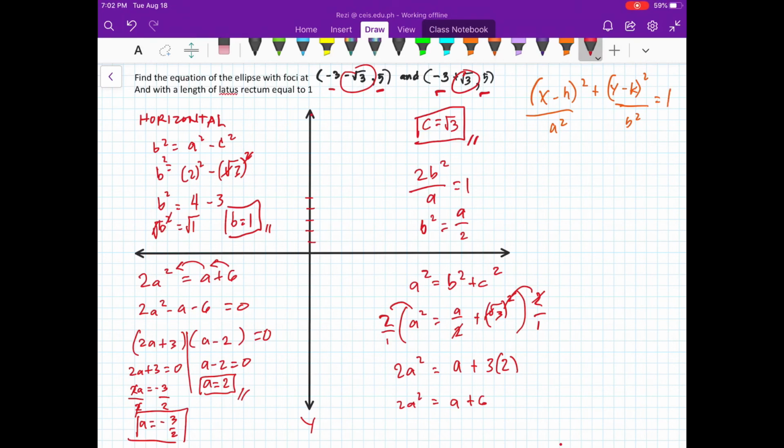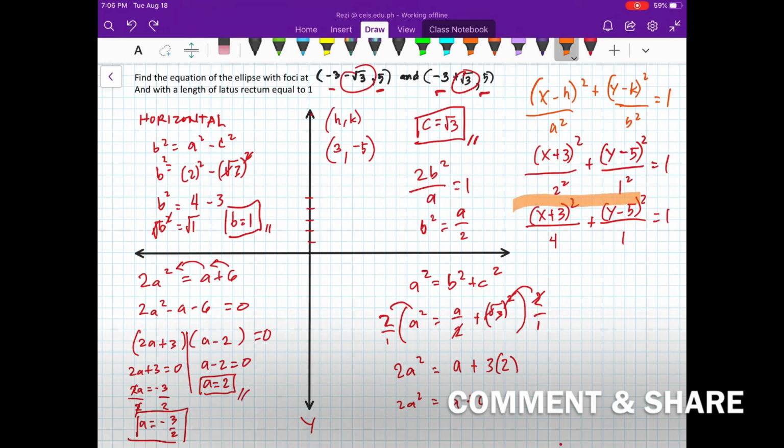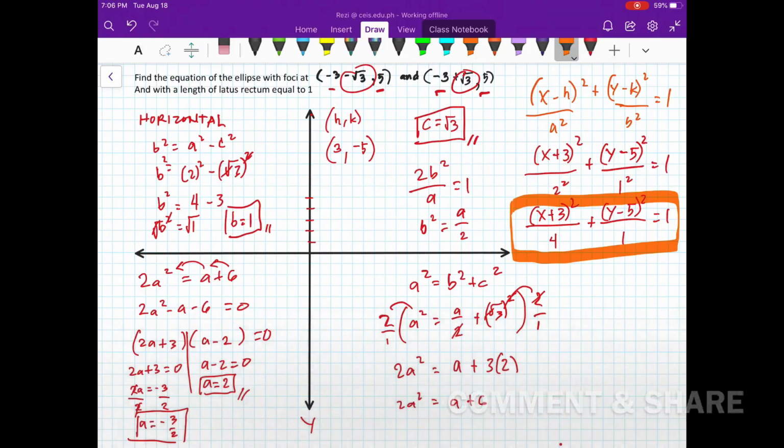From the given, the values of h and k here are, substitute the values we have. Or let's simplify that. And that is the equation for this given condition.